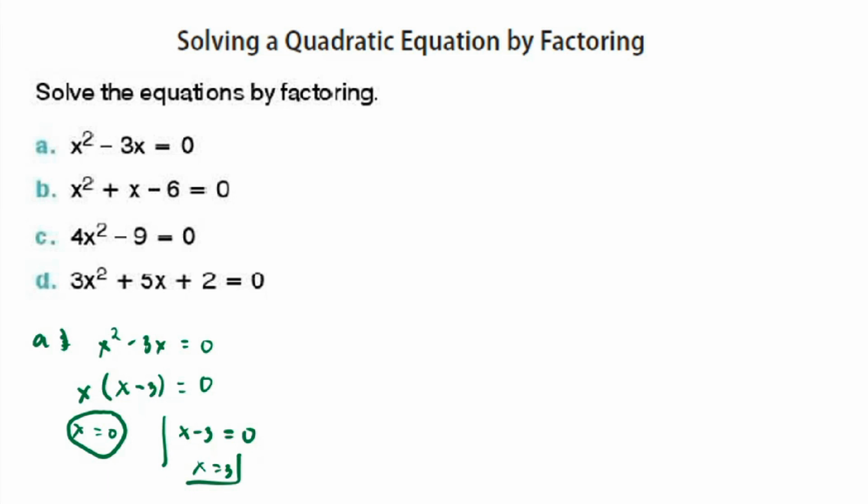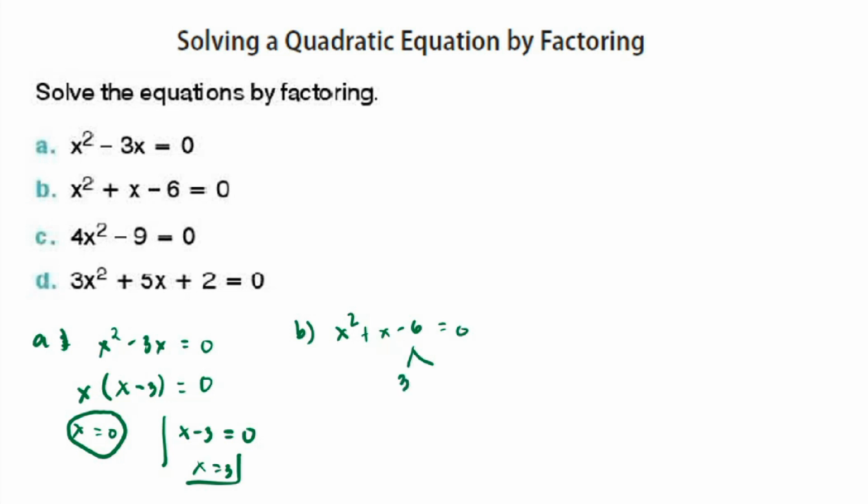Now for letter B, we have x squared plus x minus 6 equal to 0. So I will write first x squared plus x minus 6 is equal to 0. Now, we're going to factor negative 6. Do you remember my strategy for solving for that? Let us recall, we are going to find the factors of negative 6 that will give you a sum of positive 1.